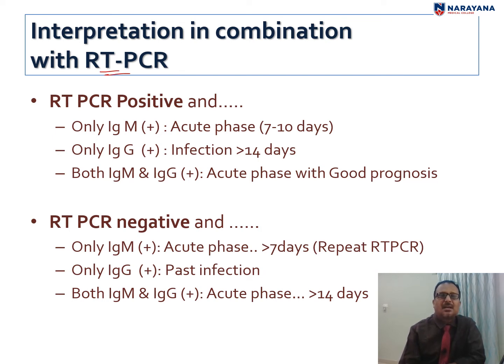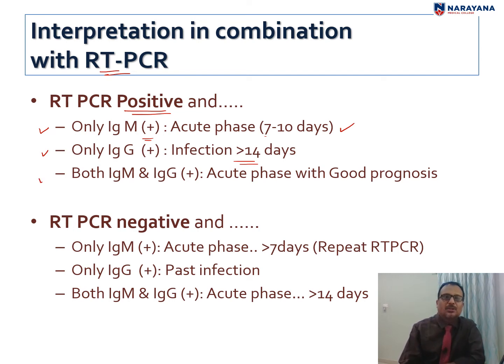Say, for example, the person is positive for the RT-PCR test and only IgM is positive, then we have to consider it an acute phase of infection, about 7 to 10 days of illness. If only IgG is positive, then the infection would be more than 14 days, along with the positive RT-PCR.